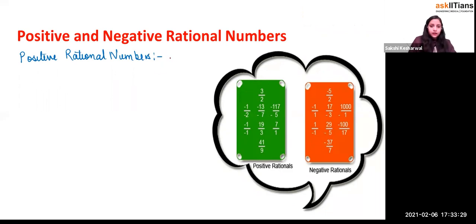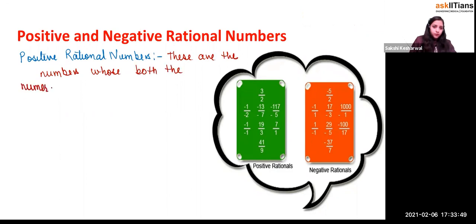It says that these are the numbers whose both the numerator and denominator are of the same sign.